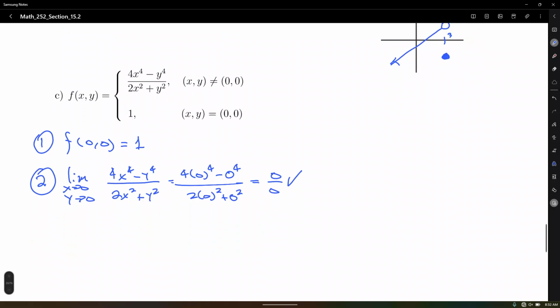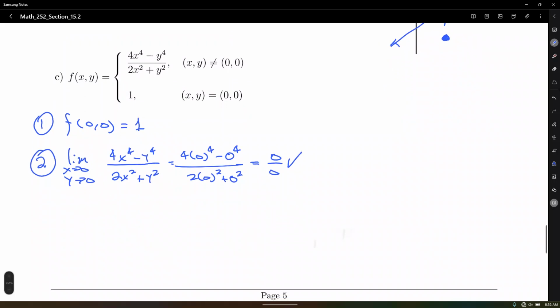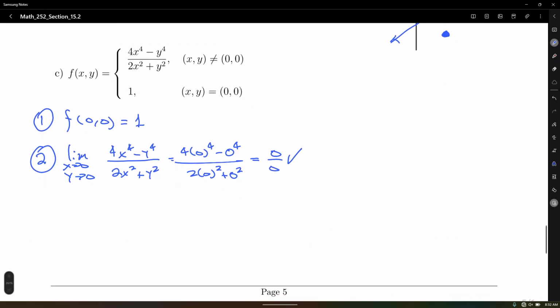It looks like we can do some factoring to clear the 0 over 0 factor. In the numerator, notice how we have this difference of squares. That is the limit as x approaches 0, y approaches 0. What quantity squared gives x to the fourth? That means 2x squared minus y squared and 2x squared plus y squared, all divided by 2x squared plus y squared.